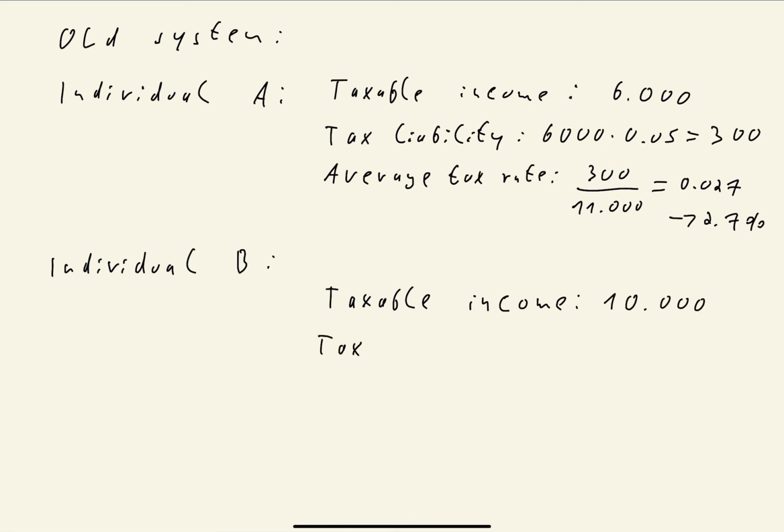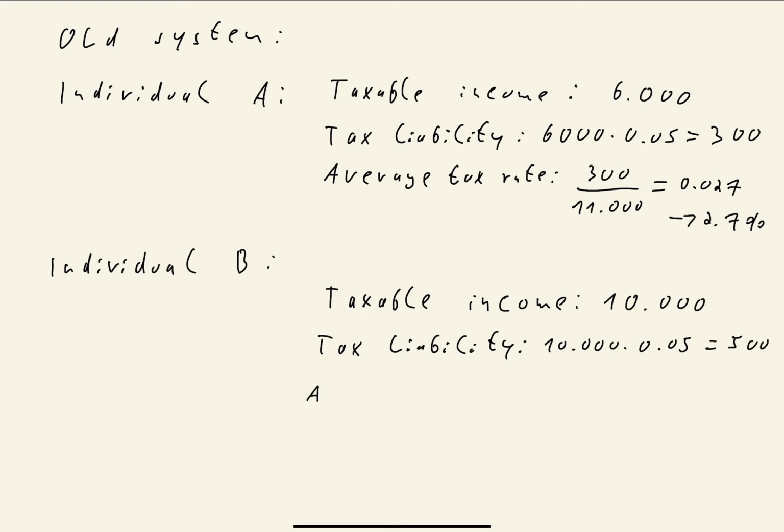Therefore, the tax liability is 10,000 times the marginal tax rate for this tax bracket. So this is also 0.05. And this should be 500, if I'm not mistaken. Yes, this is 500.